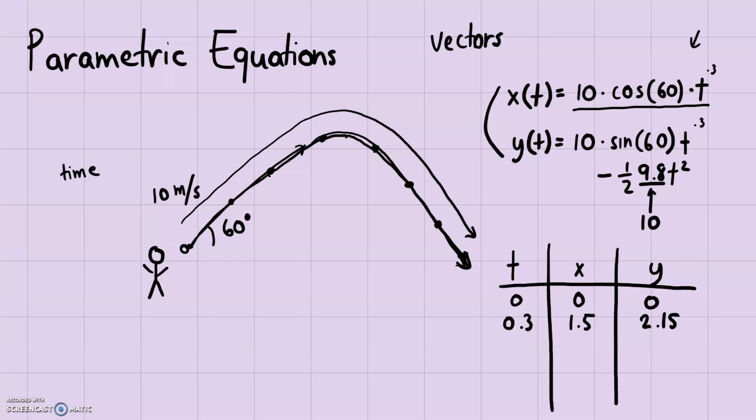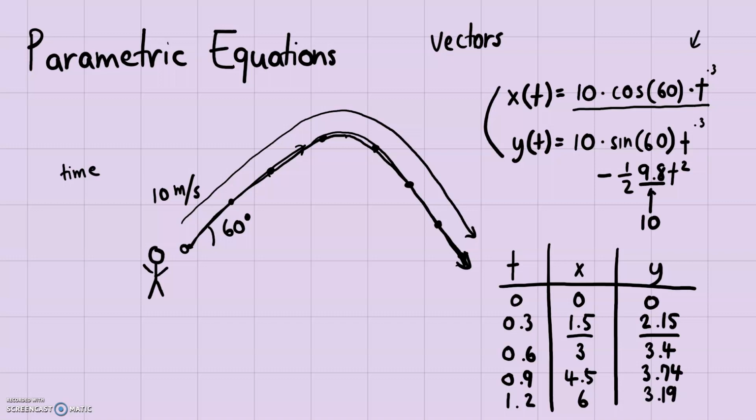And if you do that on the calculator, you get these values for x and y. And if you do that for other t values, these are the values you'll get for x and y. 4.5, 3.74, and then 6 is going to be 3.19.